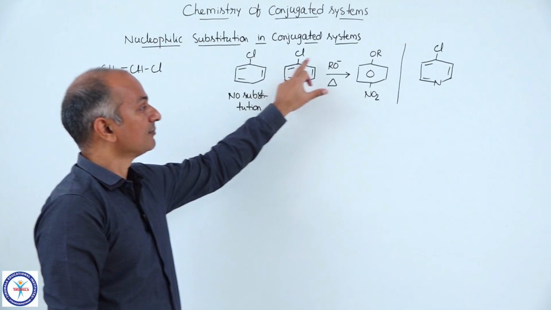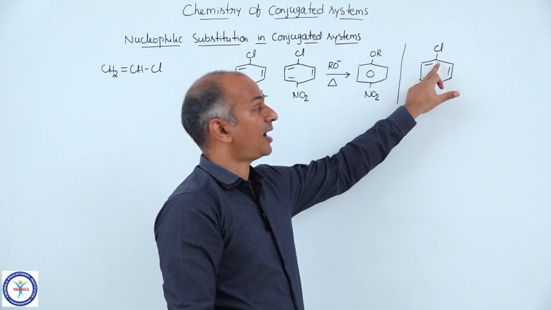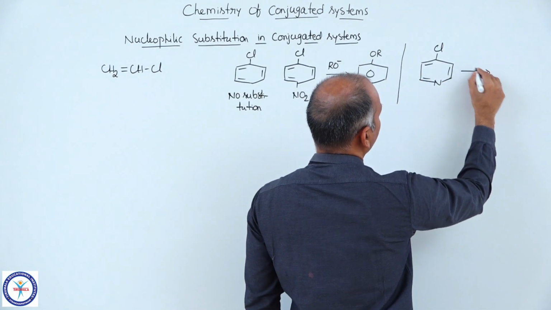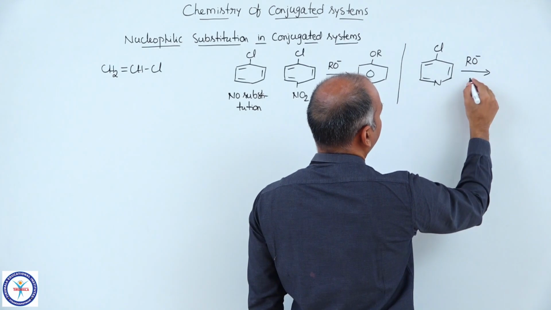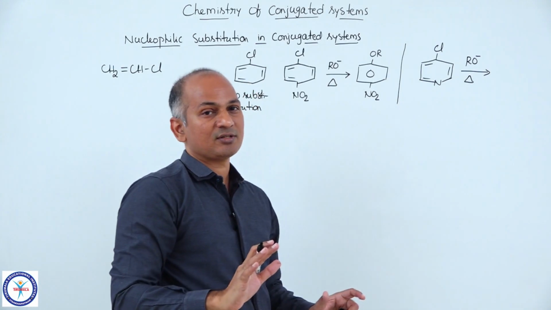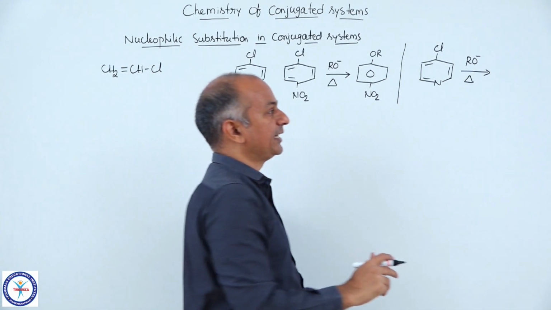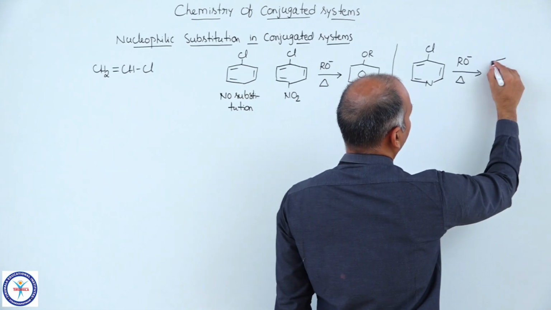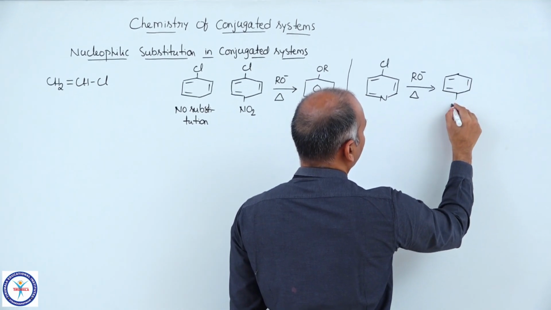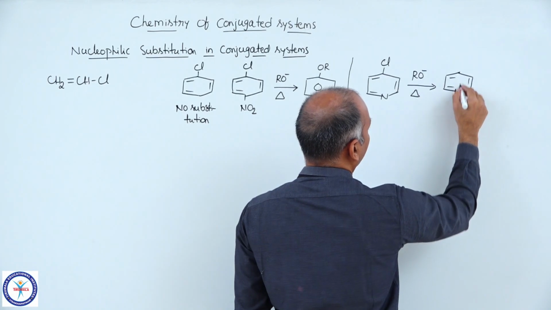Here also same, and here also same. And even in this compound also, yes, there is nucleophilic substitution. You treat this compound with RO minus, just warm it. Temperature need not be too much, just around 60 or 70 degrees Celsius. Then, yes, there is a substitution reaction and you will get OR here.